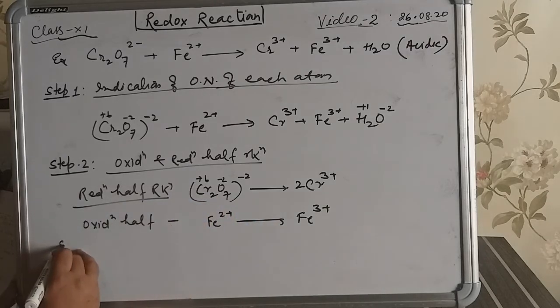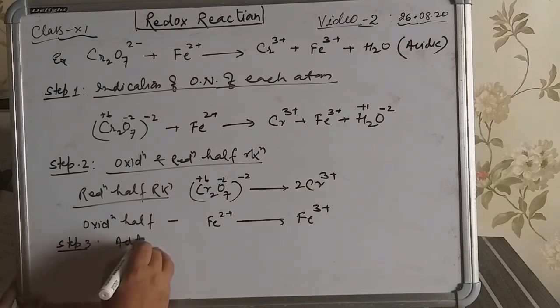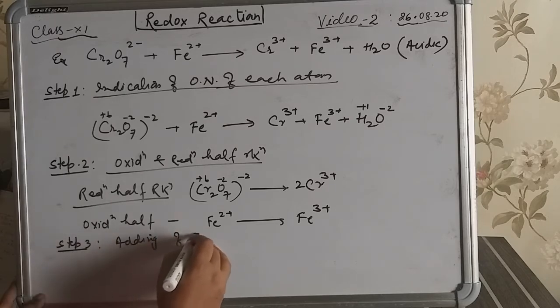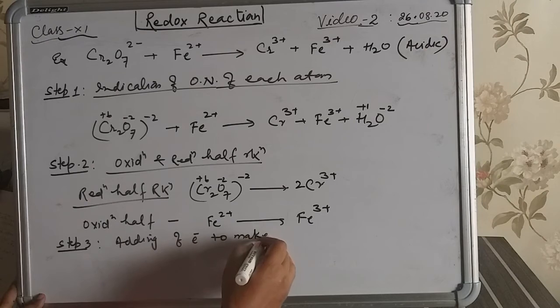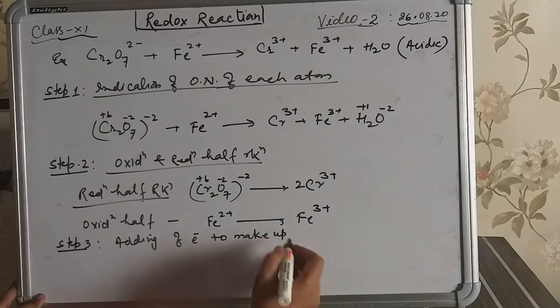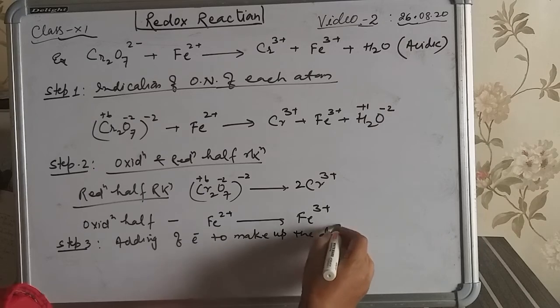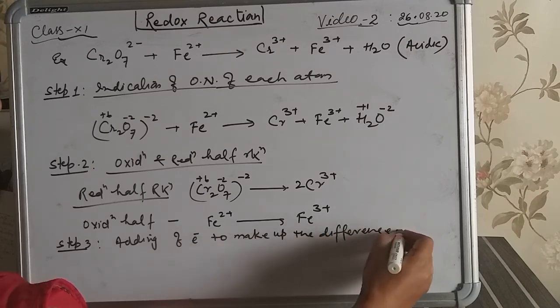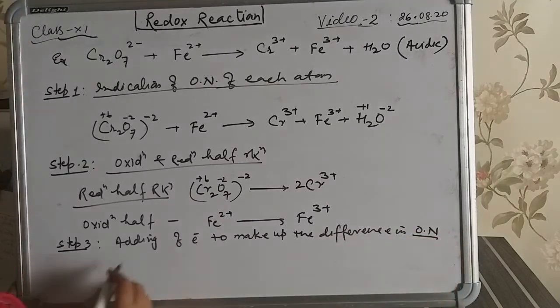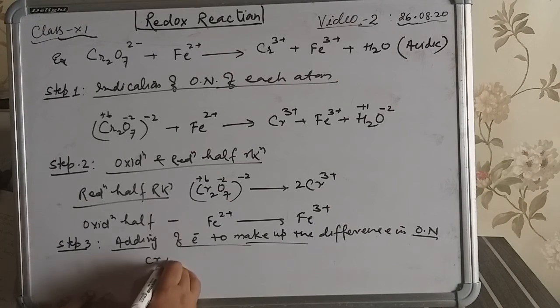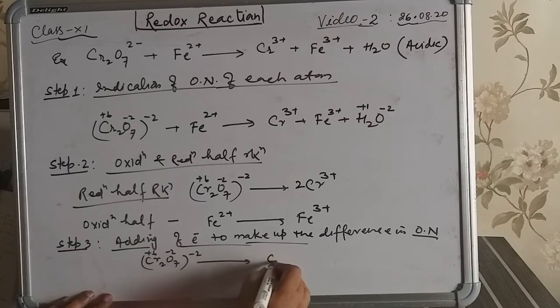Step 3: adding electrons to make up the difference in oxidation number. Cr2O7 2 minus changes into 2 Cr3 plus.